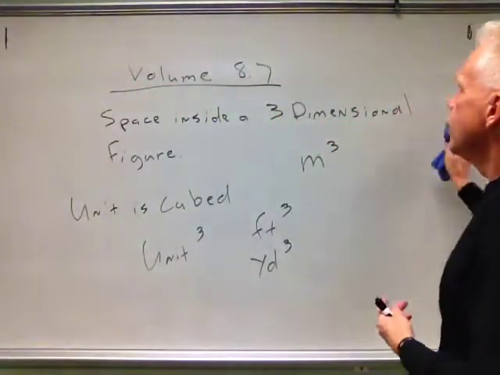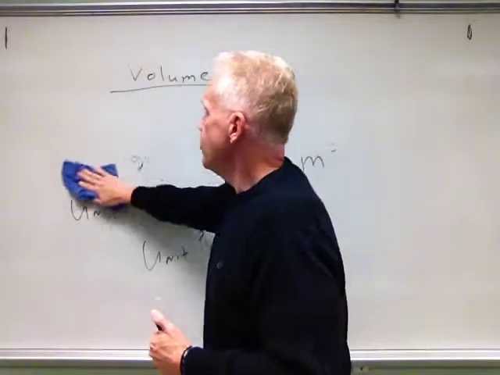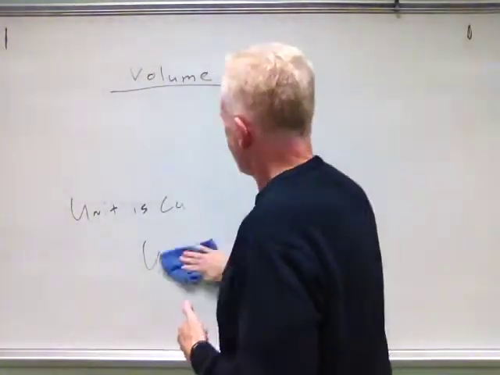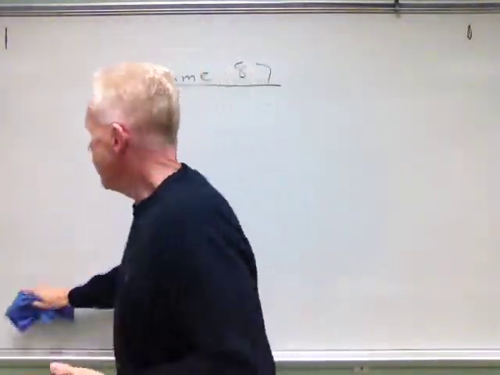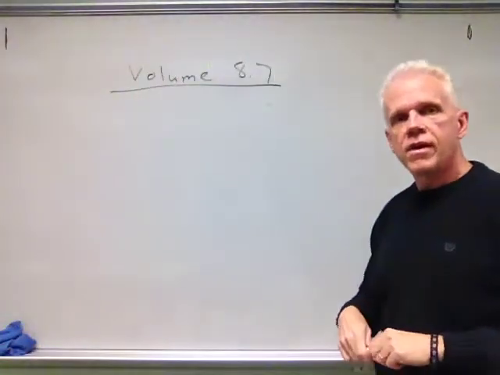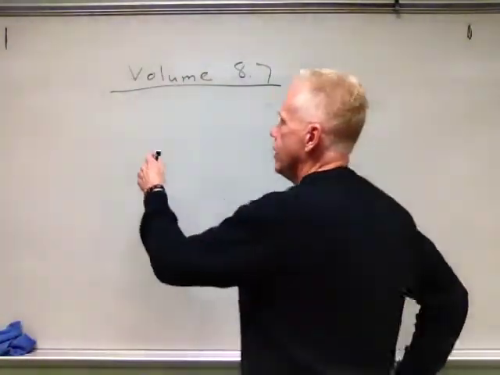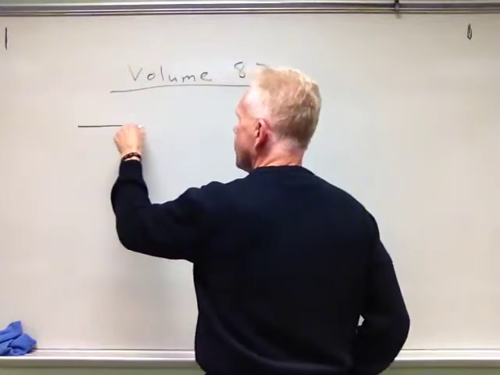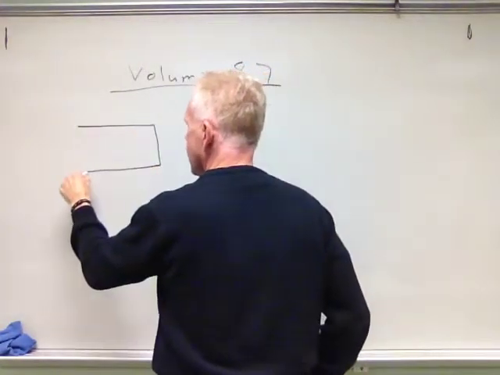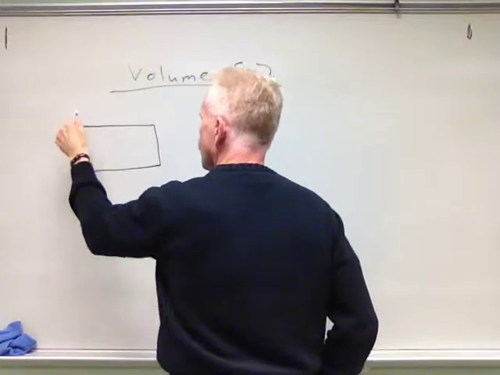So let's go ahead and look at a couple of figures, and we'll start out with how to find the volume of a rectangular solid. So let me make an attempt here at drawing a rectangular solid.